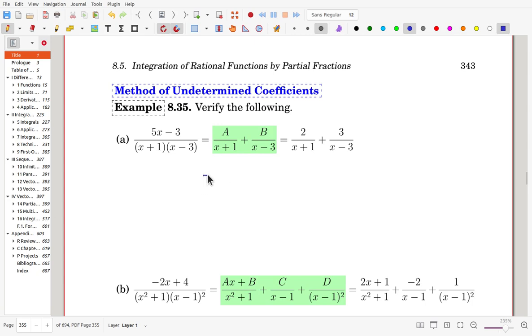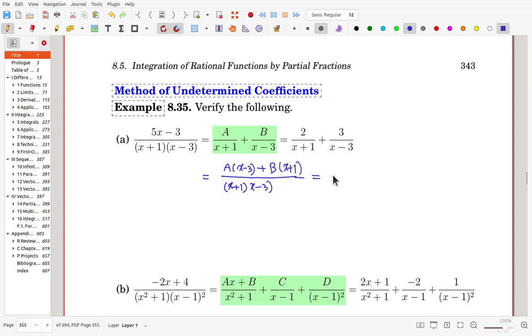Okay, from this one, if we take the common denominator, then there will be x plus 1 and x minus 3. Then for the top, the first term will become a times x minus 3, and the second term will become b times x plus 1. Right?